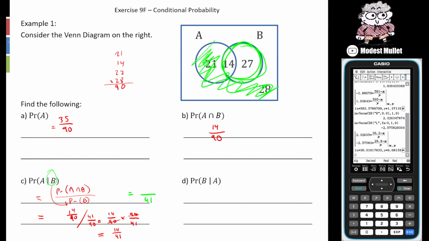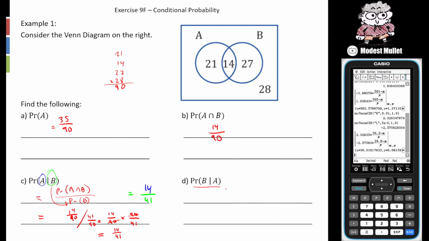That's our total options. Now how do we win? Well, we want A. The only thing that's left that's A was in that zone there, which is the 14. So we get 14 out of 41. So thinking graphically about the problem versus formula, we get the same answer.